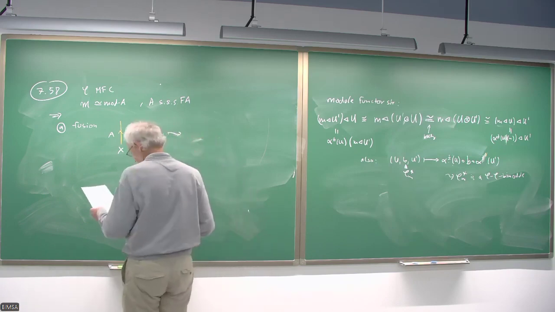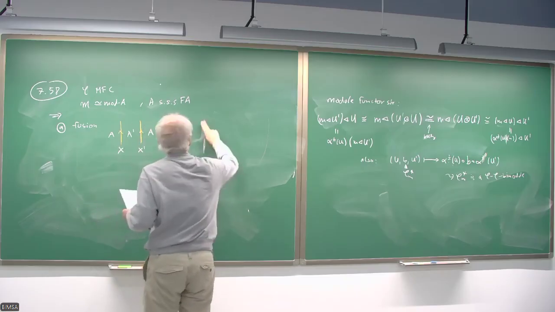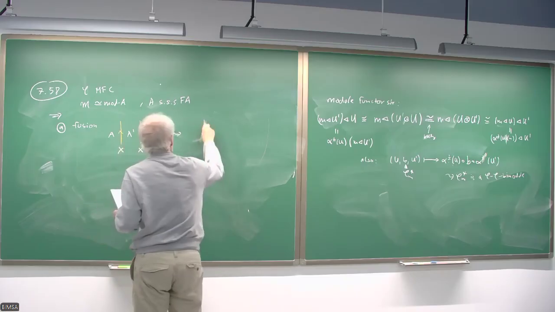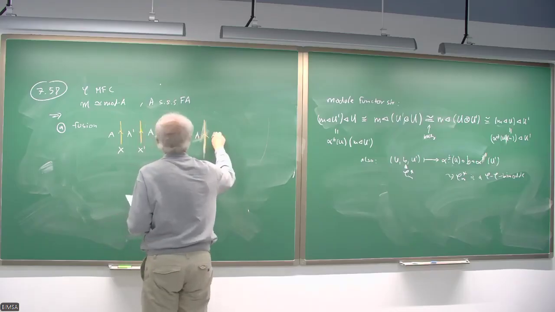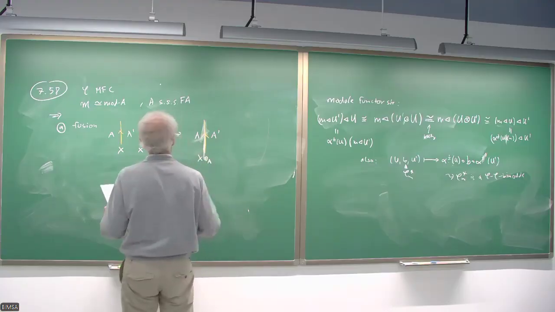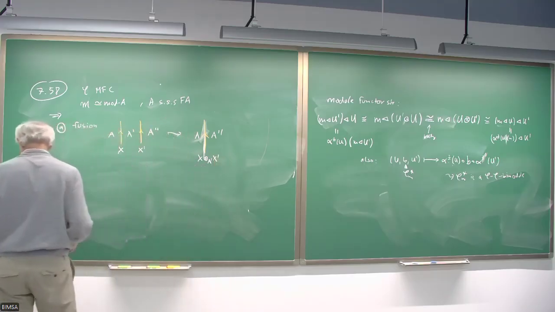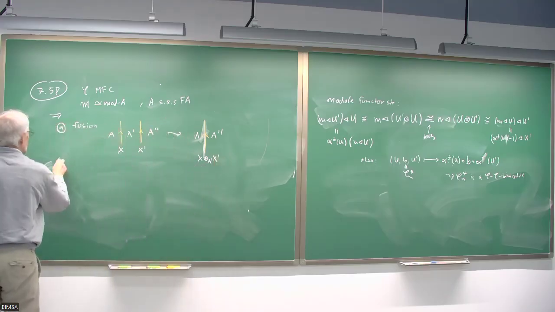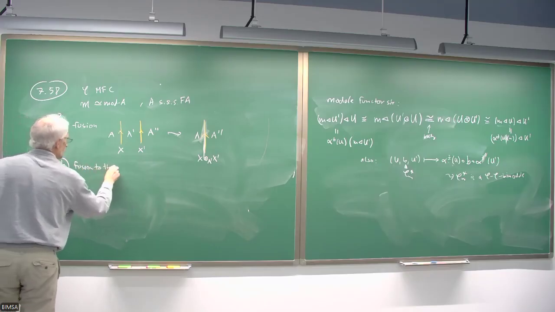So locally on the worksheet I can replace this by the bimodule X tensor over A prime. Then I can use the boundary.